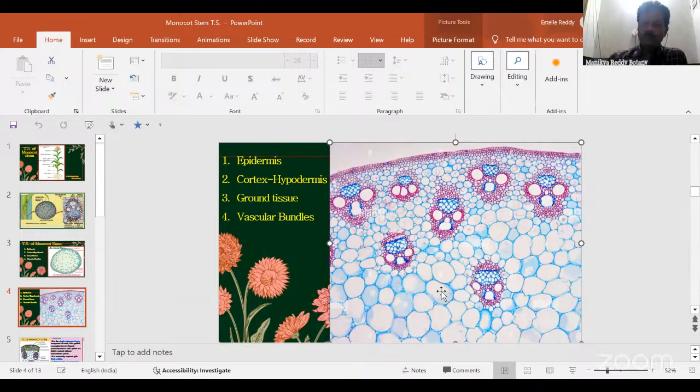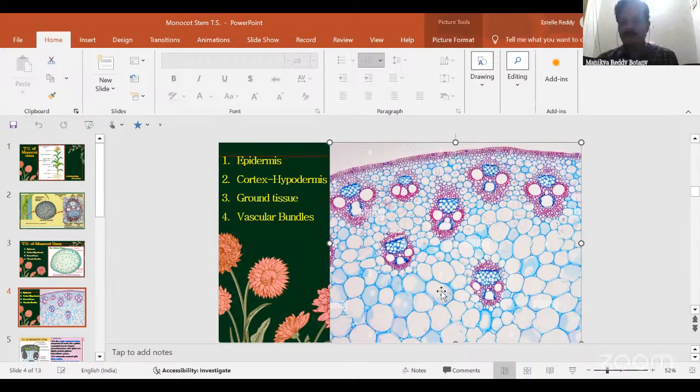And the protoxylem in each vascular bundle is always towards the center of the stem. That's why this condition is known as endarch. Endo means inside. Whereas in root, the protoxylem is always towards the periphery. Such condition is termed as exarch in roots.